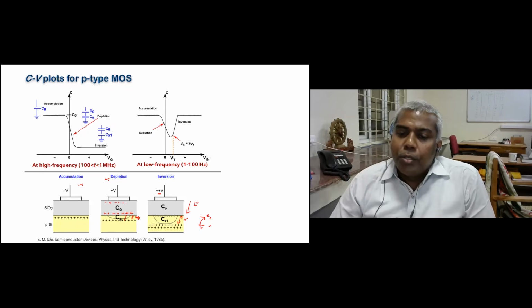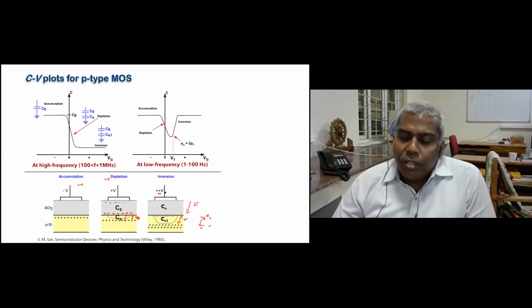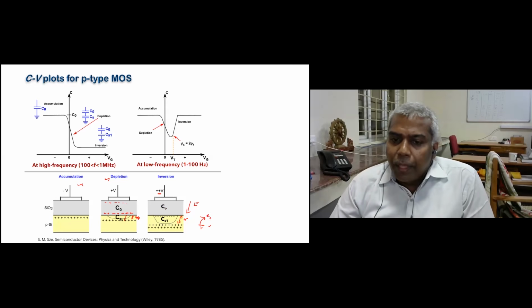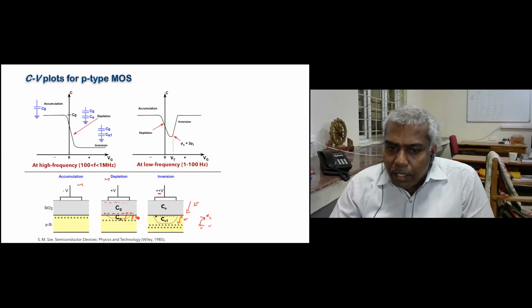Okay. So in this case, on the high voltage side, there is another phenomenon to be taken care of, which is a time constant. These thermal electrons are generated, and they make a small layer here, which is supposed to be positive, but because of the thermal electrons, it is converted into negative.